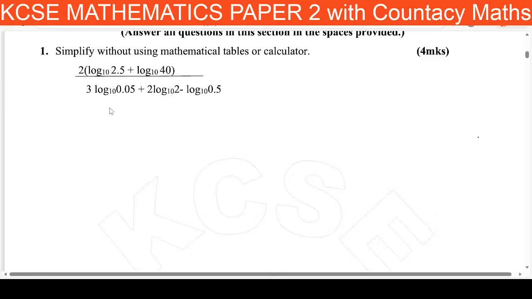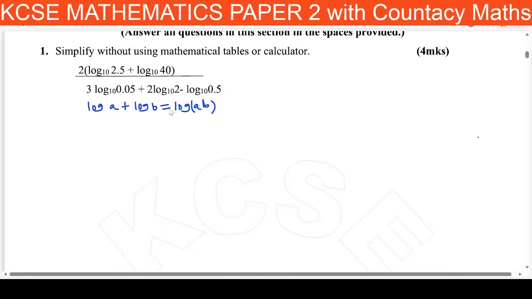You remember the law that says that when you have the logarithm of a certain number added to the logarithm of another, that will always give you the logarithm of those numbers multiplied together. This is what we call the addition-multiplication law of logarithms, and that is what you are going to apply right here. After this, I'll direct you to a place where you can learn everything about logarithms. For now, let's get into this particular question.